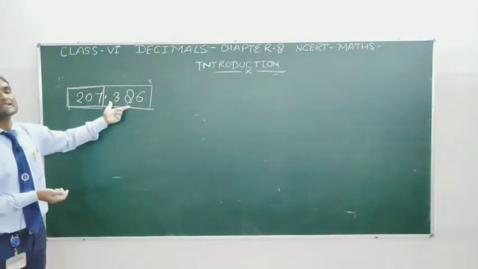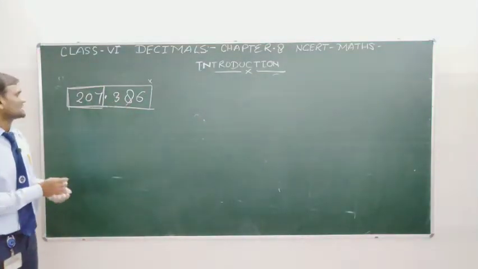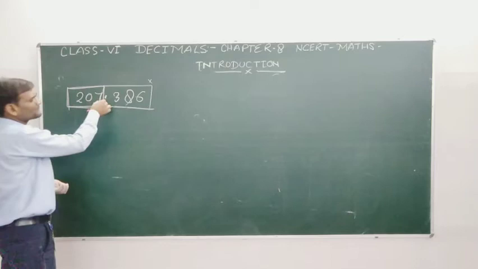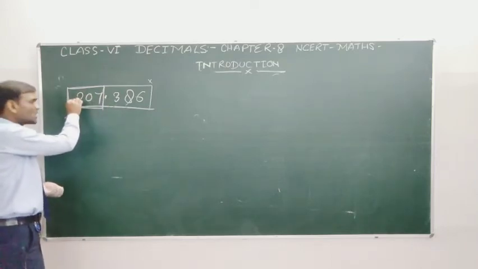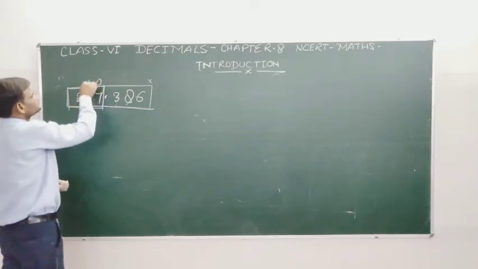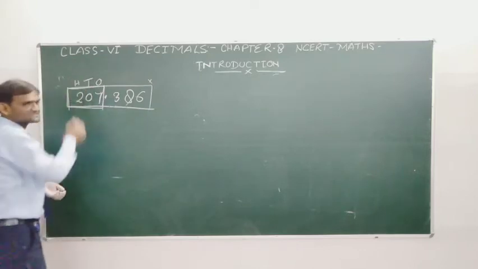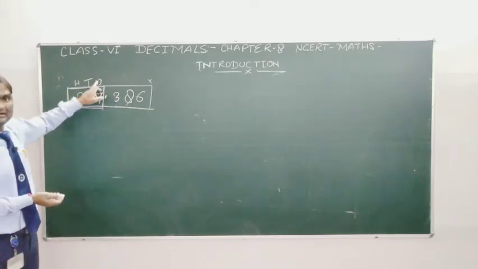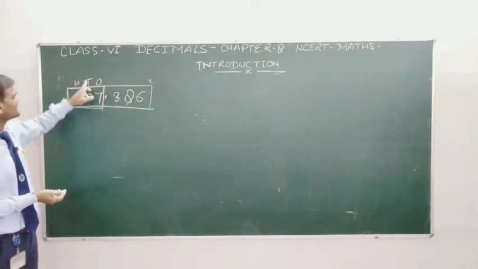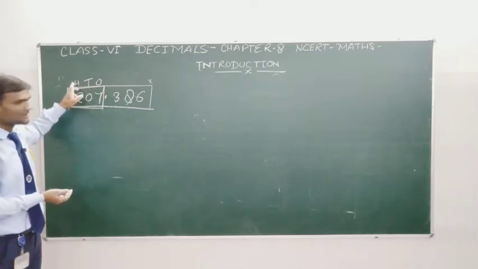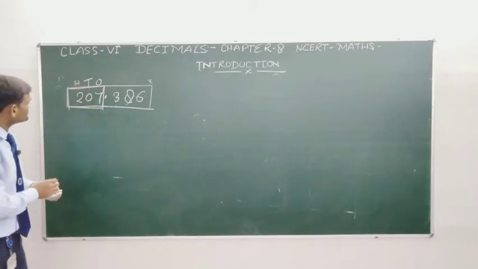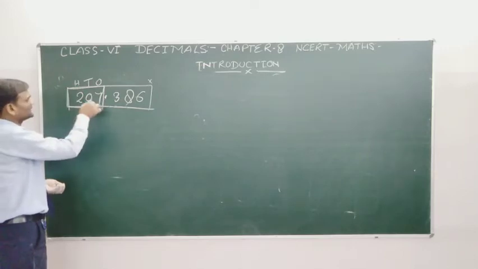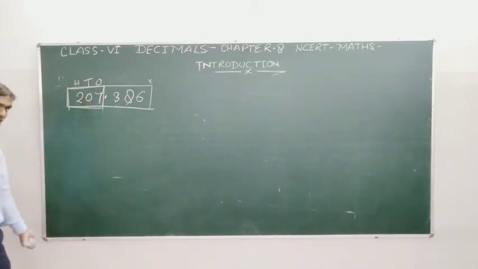Fractional part को हम कैसे read करेंगे ये चीज मैं बताना चाह रहा हूं आपको. So student, the whole number part you know how to read. This is the ones place, this is the tens place and this is the hundreds place. 7 comes in the ones place, 0 comes in the tens place and 2 comes in the hundreds place. So we can read this whole number part 207, very easy, you know very well.